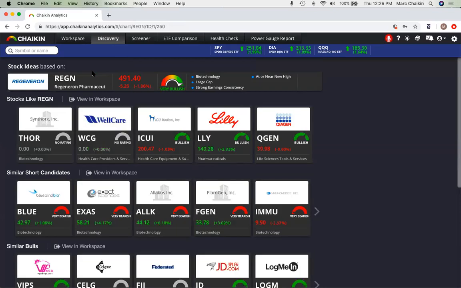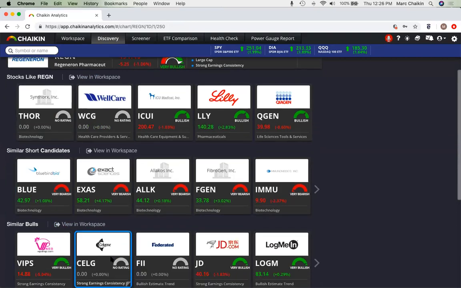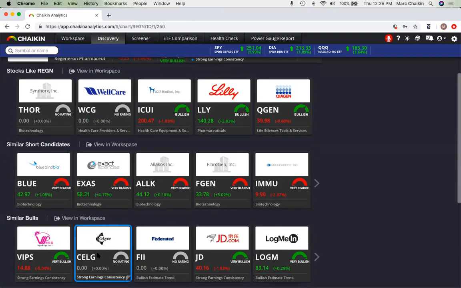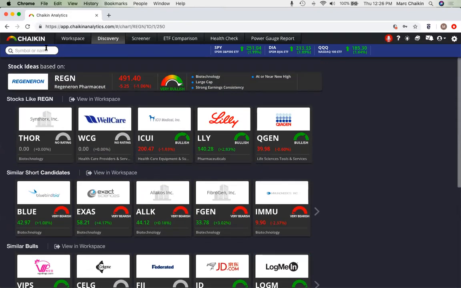The stock recently made a new high. So here are stocks similar to Regeneron, and one that stands out is Eli Lilly. Similar bulls, Celgene, been taken over, no longer germane, but LogMeIn has similar bullish pattern to Regeneron.